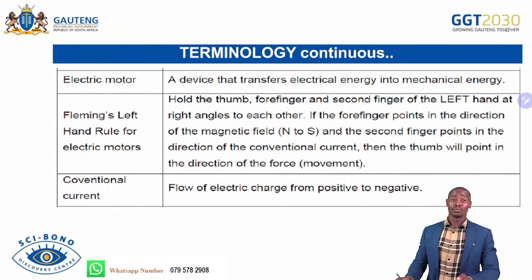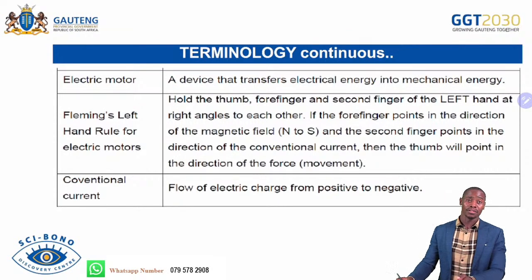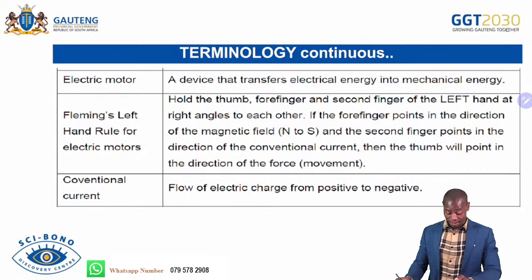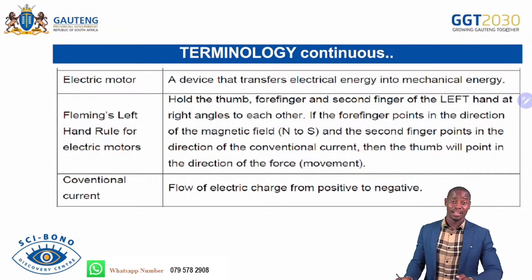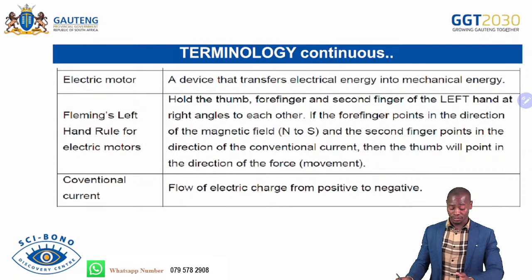We use Fleming's left-hand rule for motors, and for generators, we use Fleming's right-hand rule. For motors, we use the left-hand rule to find the direction of rotation of the coil, because with motors it's about rotation of the coil. With generators, it's about the induced EMF.